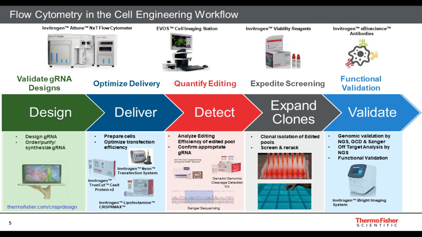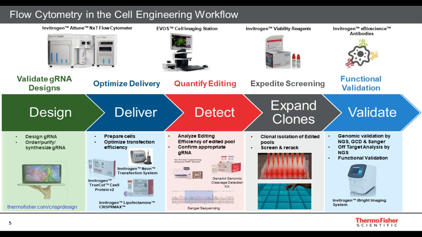To ensure that you have the appropriate edit and the appropriate phenotype of these edited cells. And this is done through genomic validation using NGS sequencing, genomic cleavage detection, Sanger sequencing, as well as off-target analysis and functional validation. And we'll go through all of these in greater detail as well.